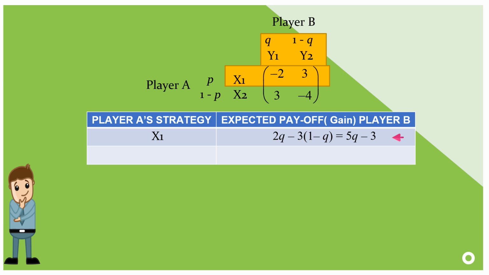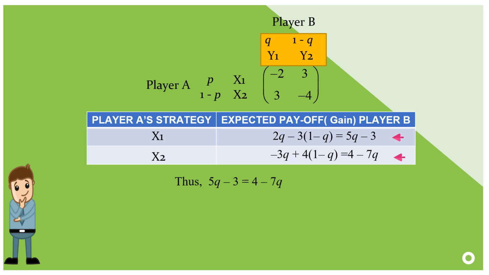If player A plays X2, the expected gain for player B is negative 3Q plus 4 times 1 minus Q, which gives us 4 minus 7Q.